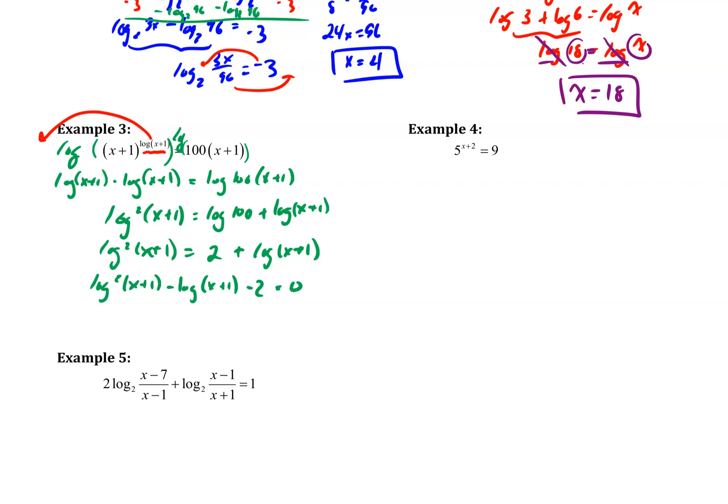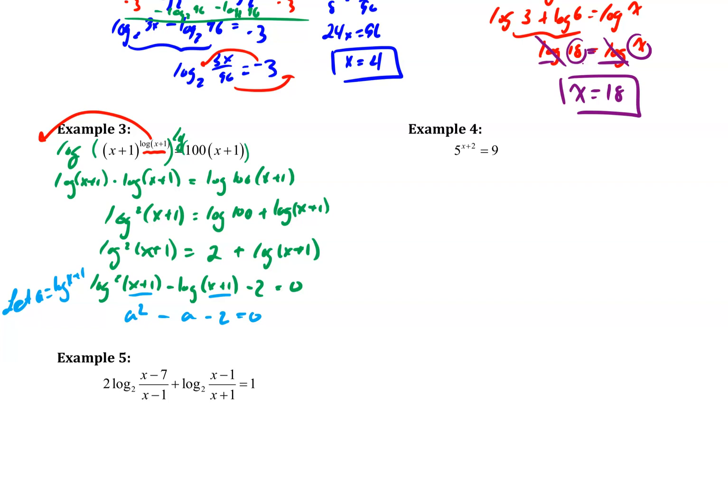And this is why. It's hard to see at first glance, but I think you'll notice a little bit here. I'm going to make a let statement. Let a equal the log of x plus 1, because notice I've got x plus 1 here and x plus 1 here. So if I rewrote that, that would be a squared minus a minus 2 all equals 0.